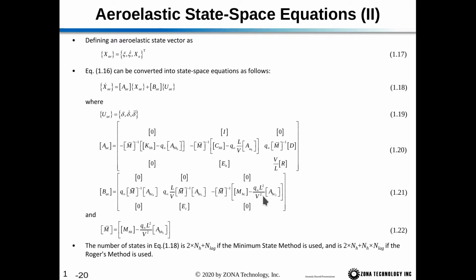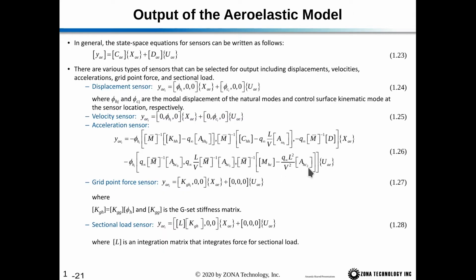And that equals c double dot. So if we take phi and multiply by all of that, that gives us the final output equation for the acceleration sensor.